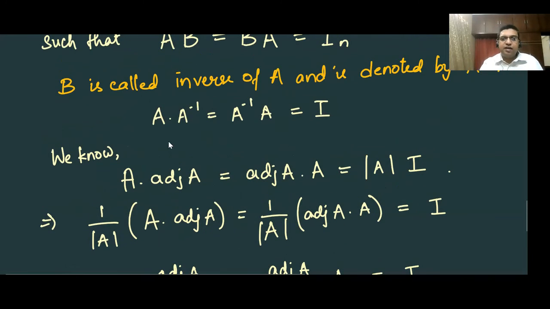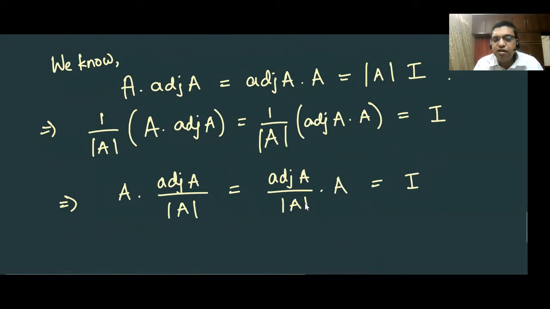Now you compare. AB equal to BA is equal to In here. So this means this particular matrix is the inverse.